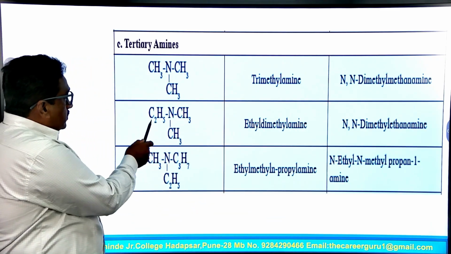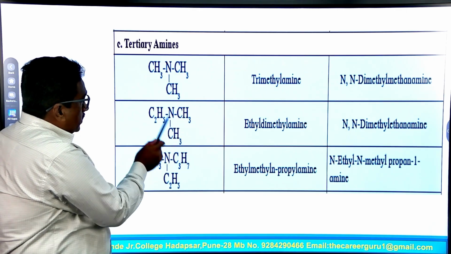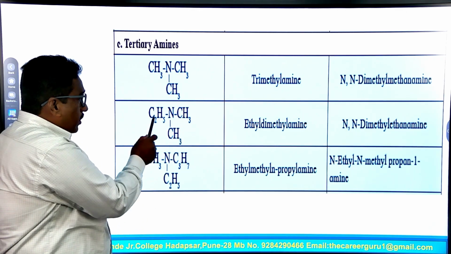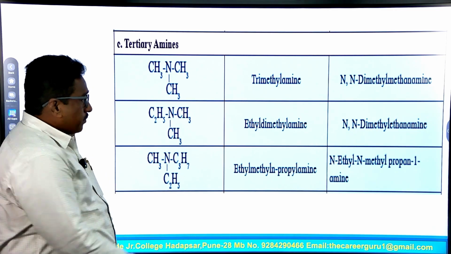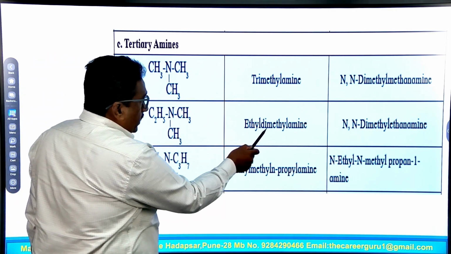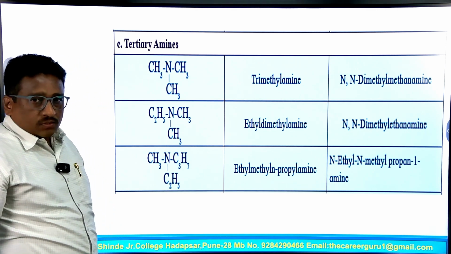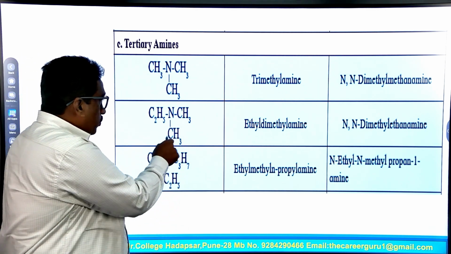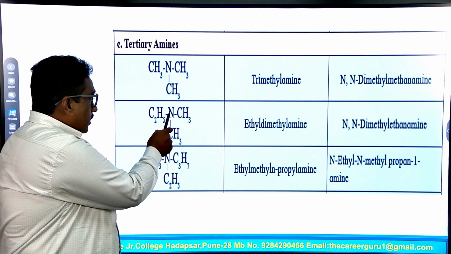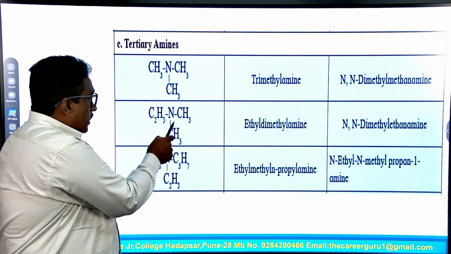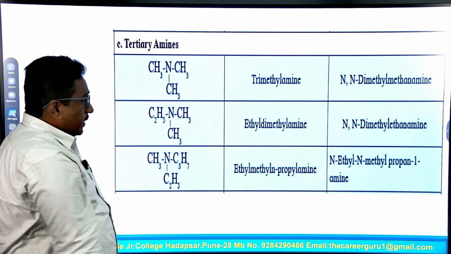Second example, C2H5N(CH3)2. Out of these 3 alkyl groups, one is a larger group and 2 are smaller groups. Its common name is ethyl dimethyl amine, arranging the alkyl groups in alphabetical order, and its IUPAC name is N,N-dimethyl ethanamine.